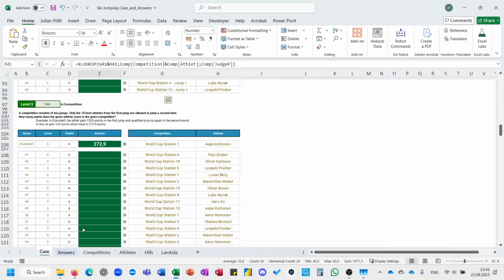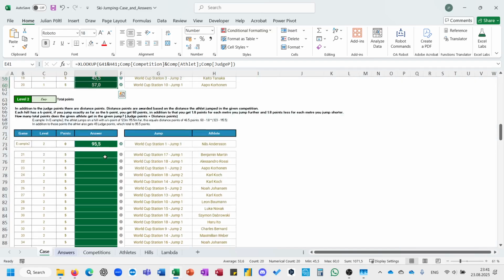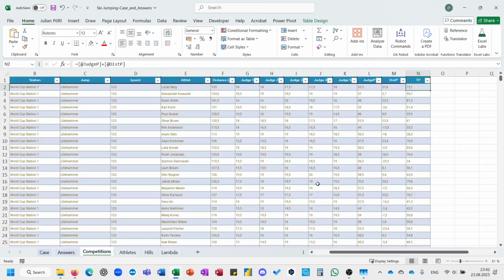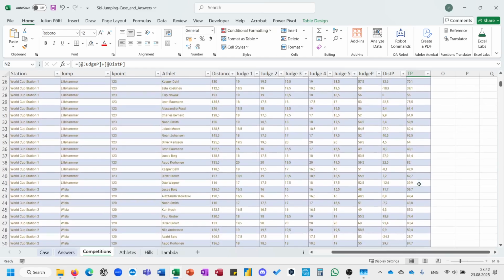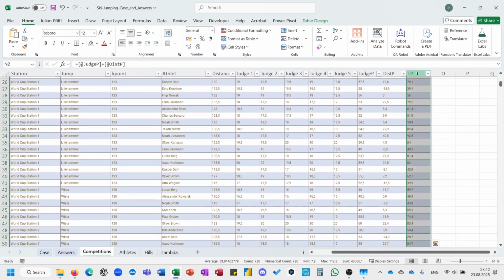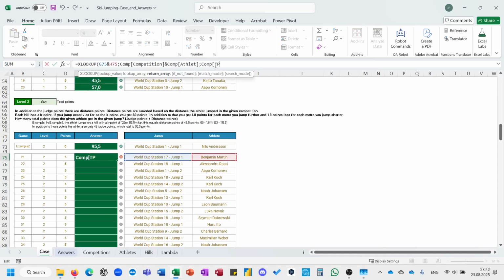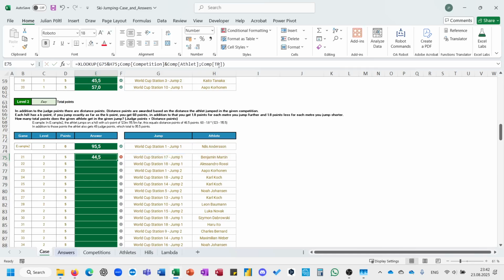Seems to be reasonable, kind of. 95. Yeah, it's lower than the max. So, and then we adjust simply this formula for the table name TP for total points, which is wrong.